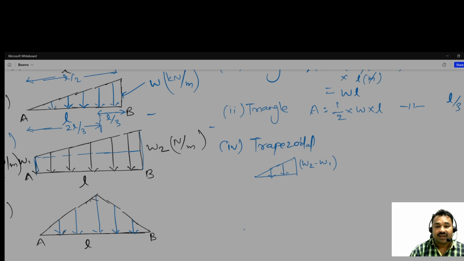Okay, and the procedure is the same. This is A and B. It is located at, and this is what?